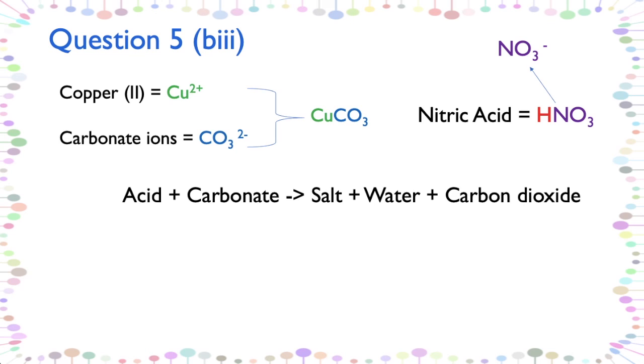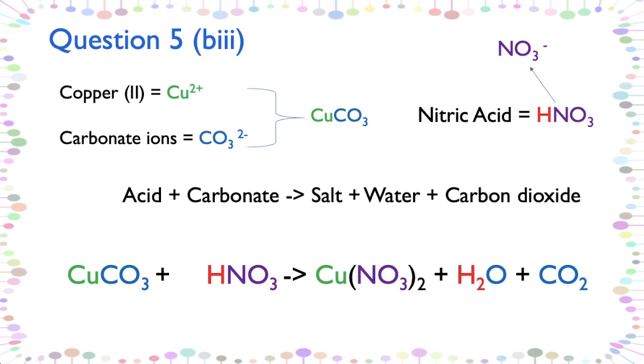Normally, for a reaction, when you add acid and carbonate, it releases a salt, water, and carbon dioxide. Therefore, we have the acid, which is nitric acid, and the carbonate, which is copper carbonate. This will form copper nitrate plus water plus CO2. So you think you would finish here, but no, you need to balance the equation. So do all the things that I've done before, put little symbols and stuff like that.